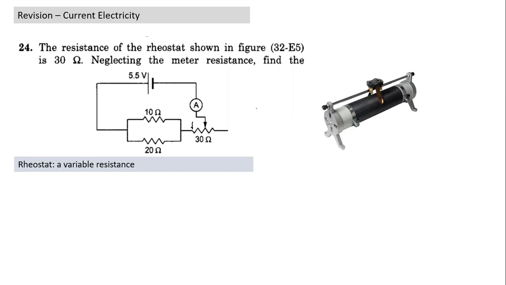They may ask what will be the minimum and maximum reading of the ammeter. The ammeter reading will be maximum when the rheostat resistance is 0, and minimum when the rheostat resistance is 30. So it's a variable resistance, and such questions we can easily solve.